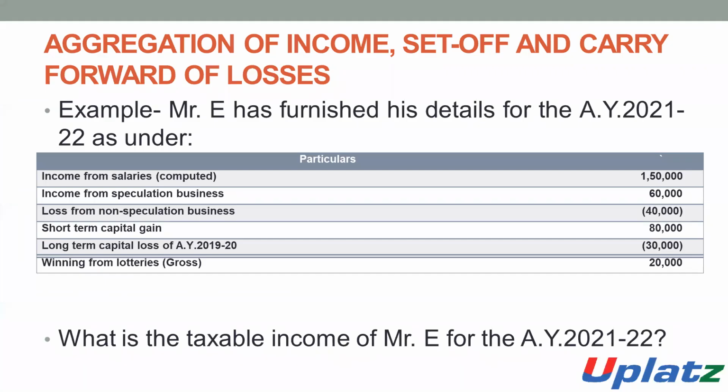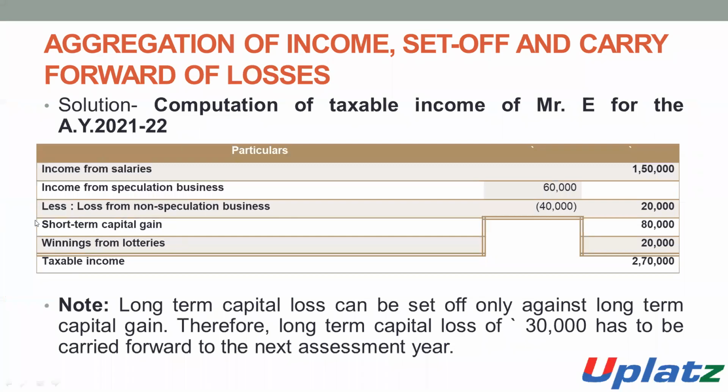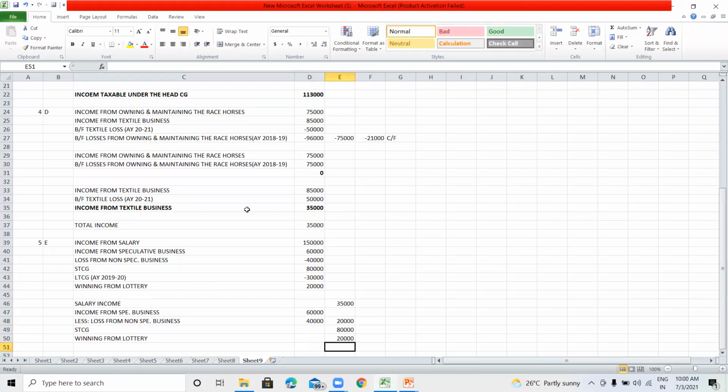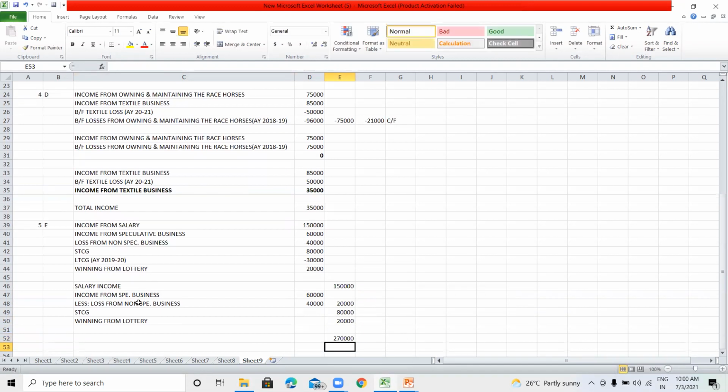The salary income is 1,50,000. The total income will be 2,70,000.